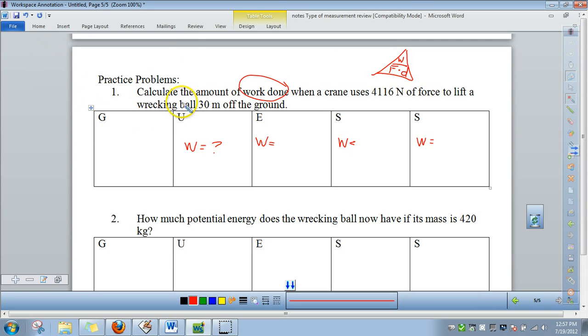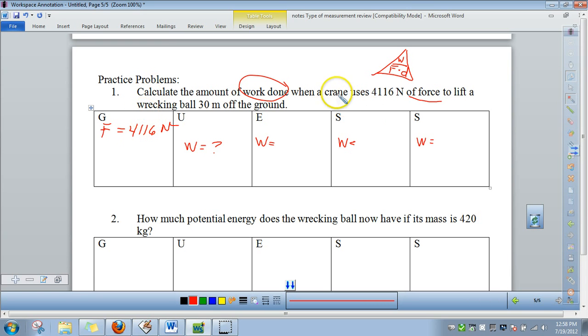Calculate the amount of work done when a crane uses 4,116 newtons of force. So what is our force? Remember, you need all three of these items to get credit for the G step in the GUESS problem.